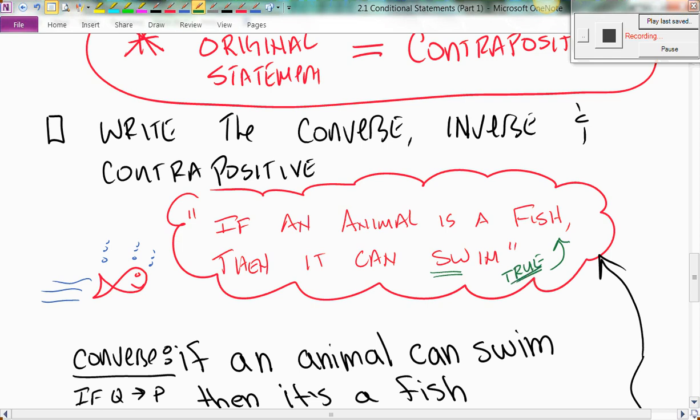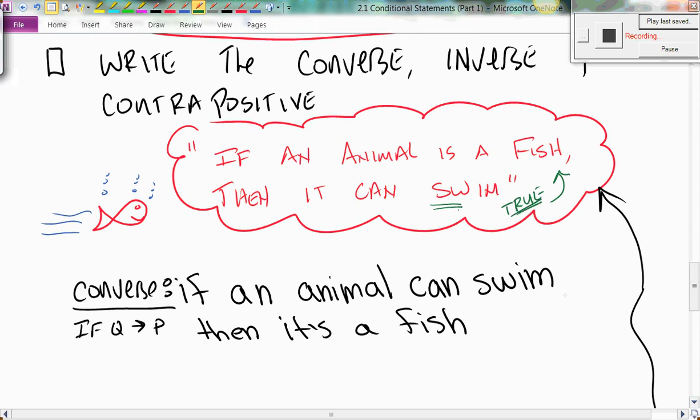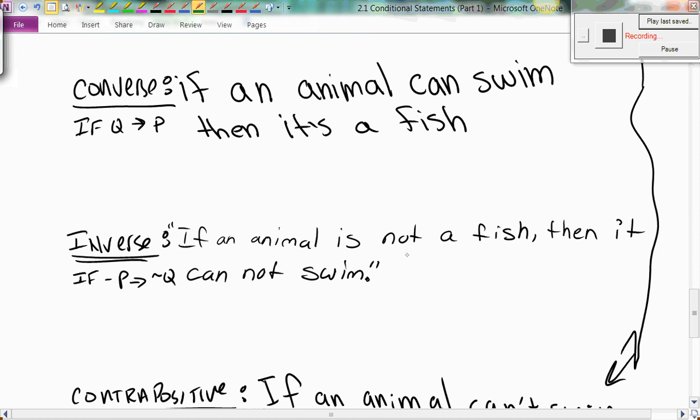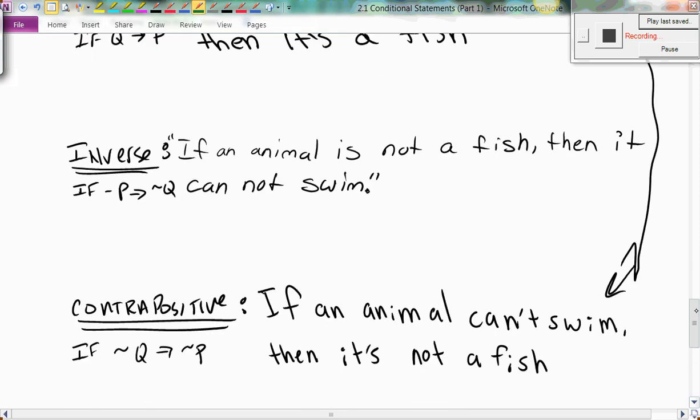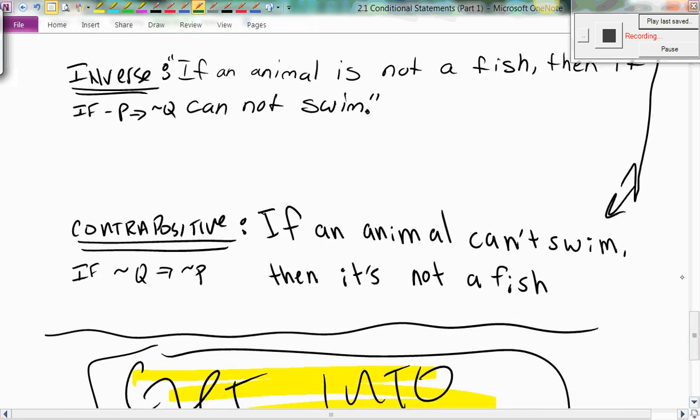And we all agree that this is a true statement. So I asked everyone to write the converse, the inverse and the contrapositive. The converse was, if an animal can swim, then it's a fish. The inverse says, if an animal is not a fish, then it cannot swim. And finally, the contrapositive was, if an animal can't swim, then it's not a fish.